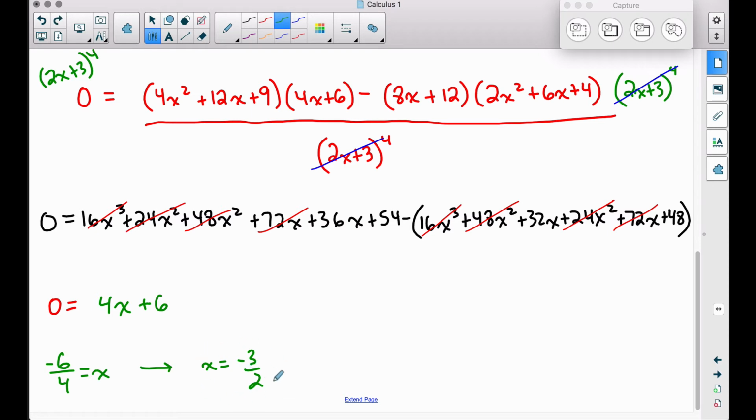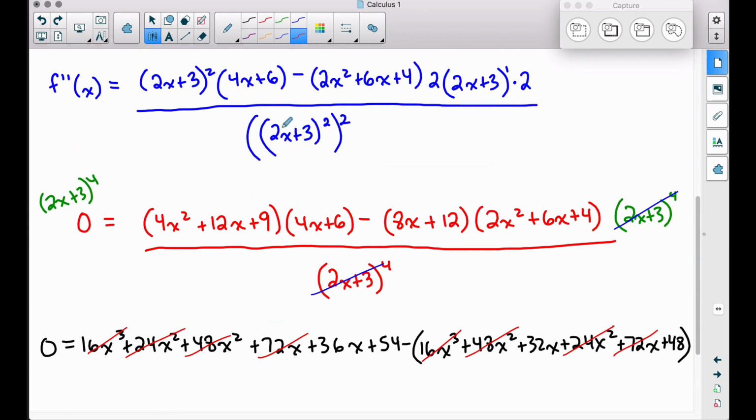So we already knew x equals negative 3 halves was something that was going to influence our second derivative, so to speak. Our second derivative is equal to 0 when x is equal to negative 3 halves, but it turns out our second derivative is undefined when x is equal to negative 3 halves, because before I even canceled out, negative 3 halves is something that makes our denominator equal to 0.